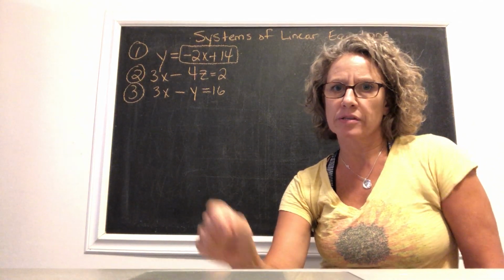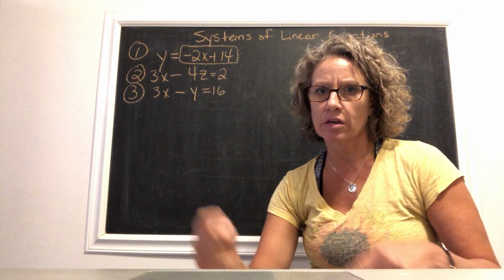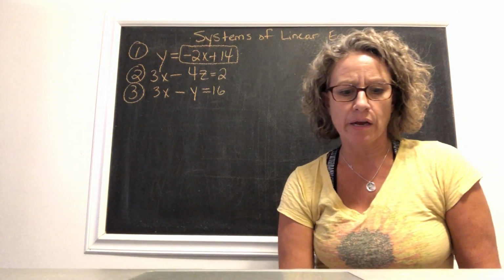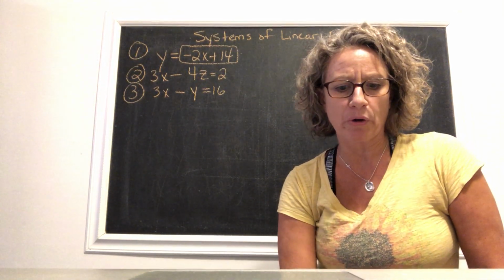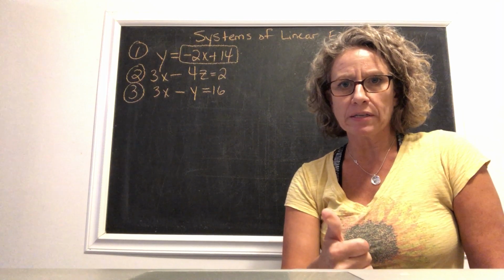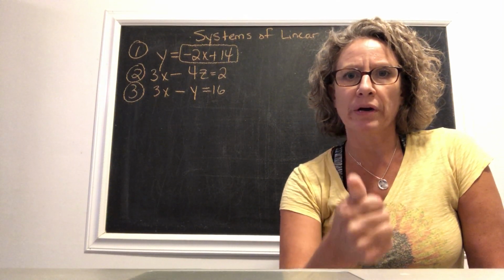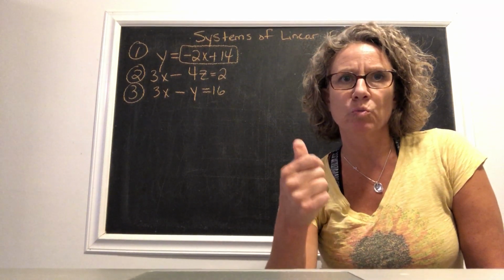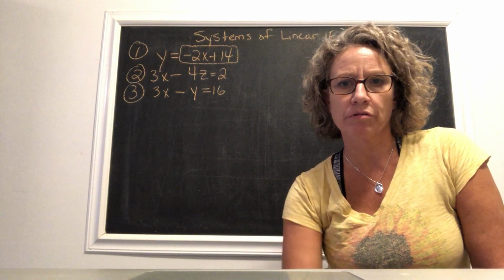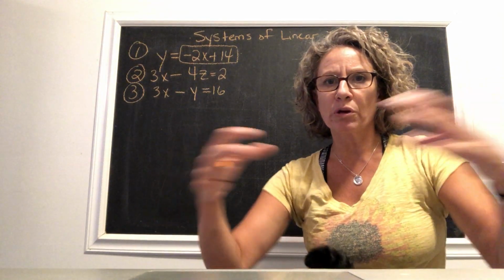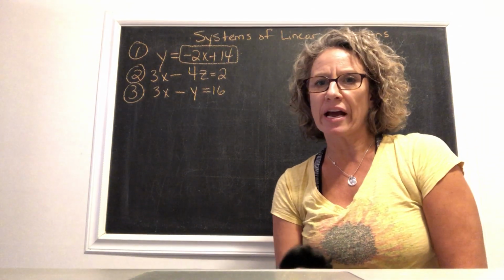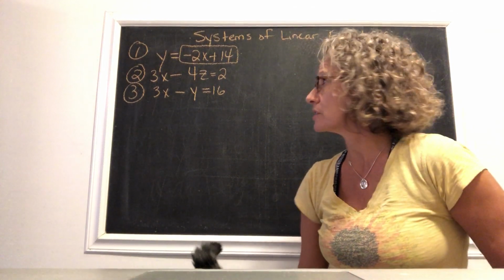These are three lines that intersect in xyz space, and we want to know what is that exact point. A point that is common to all three lines will work in all three equations. So when you put the equations together, you can actually solve them.